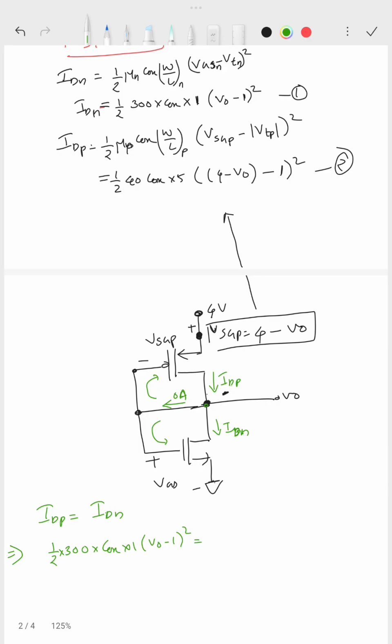So this is IDN, and that is equal to IDP. IDP is 1 by 2 into 40 into COX into 4 minus V naught minus 1 square. So I can cancel 1 by 2 COX on both sides, right? And if I equate this, how will it be?